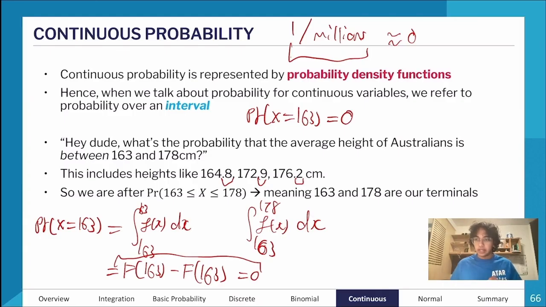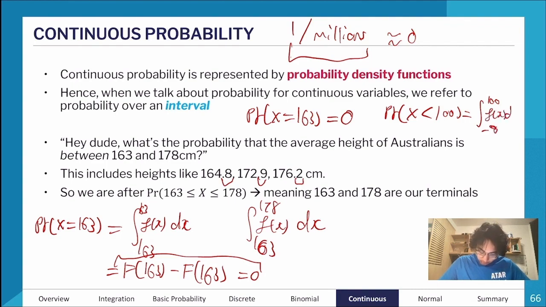What's the probability that this ball has a speed between these two values, or less than this, or greater than this? If they ask you what's the probability that x is less than 100, you would do an integral with an upper bound of 100, from negative infinity to 100, right?